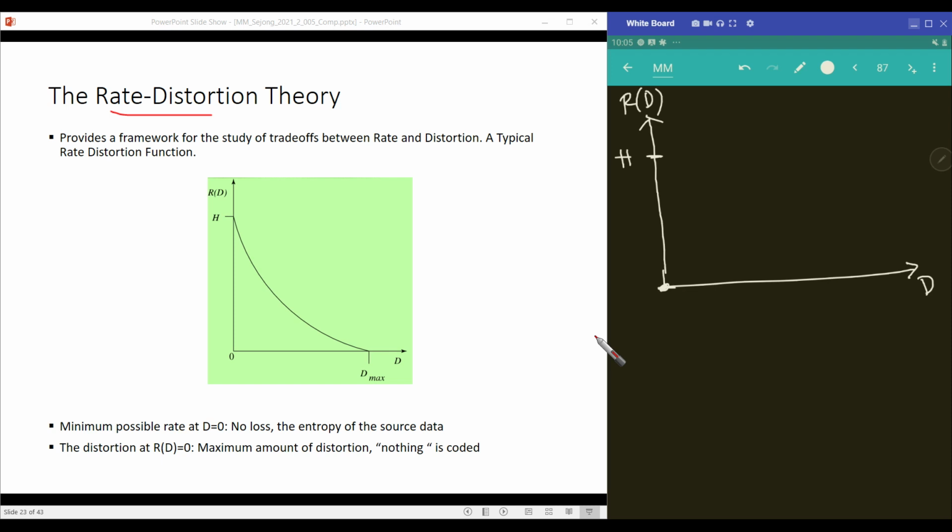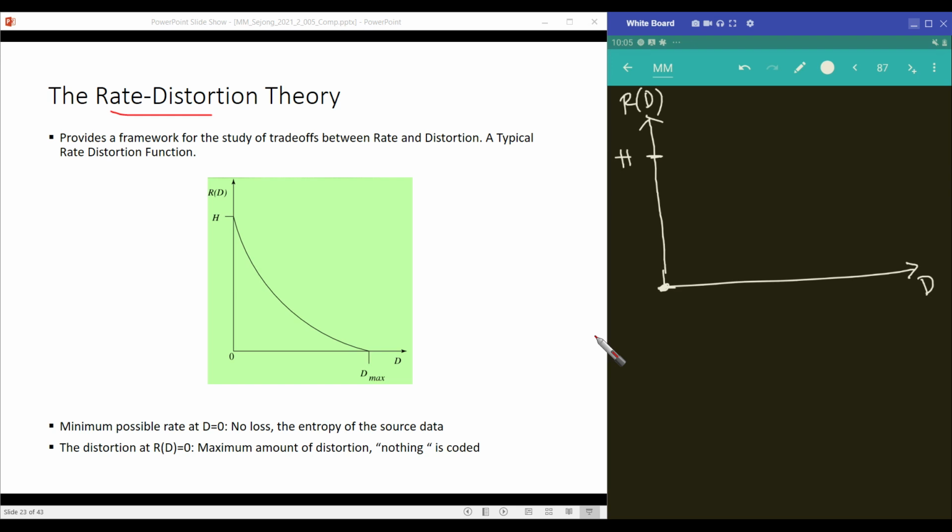And then let's say our communication channel or coding mechanism is such that we really can't transfer any information, or we can't understand any information from some system.